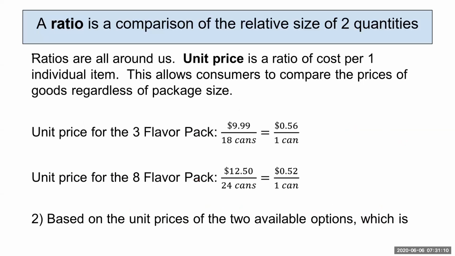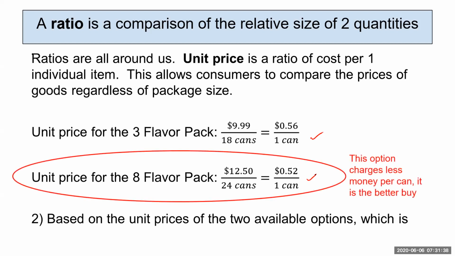Okay, good. So ratio is a decision science and helps us to make decisions. Now, a ratio is a comparison of relative size of 2 quantities. All right, so here, this is how we did the math, like I said. So this is how we came by the unit price. Now, based on the unit prices of the 2 available options, this is where we decide which is a better buy.